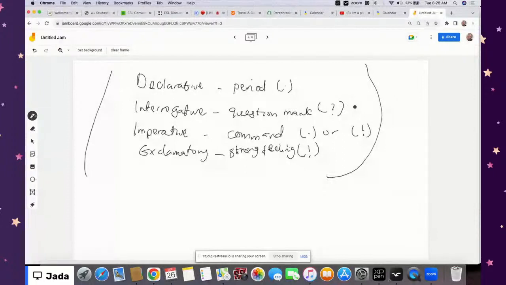So let's see if you know your answer now, you can send. So you all can write down so that you take note of them. Declarative is the statement. Interrogative is asking a question. Imperative is giving you a command, do something, or it's making a request. And then exclamation is showing a strong feeling. So that's it.